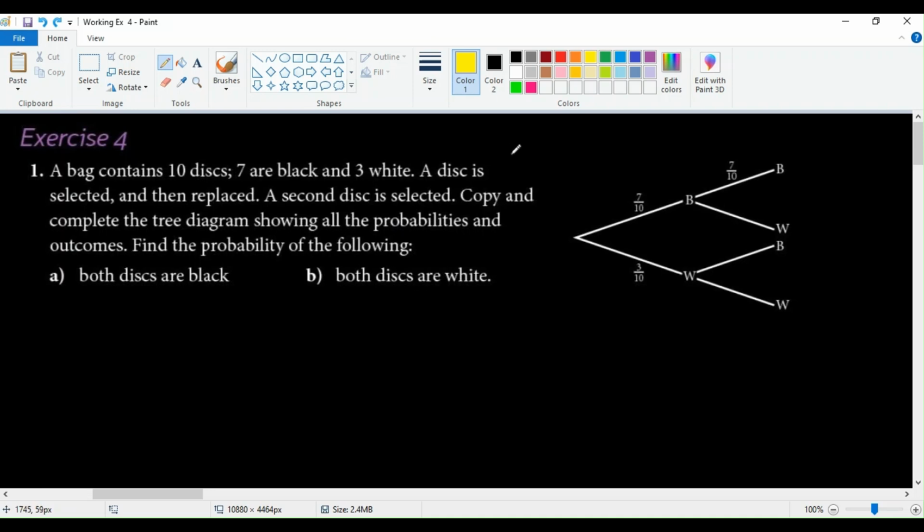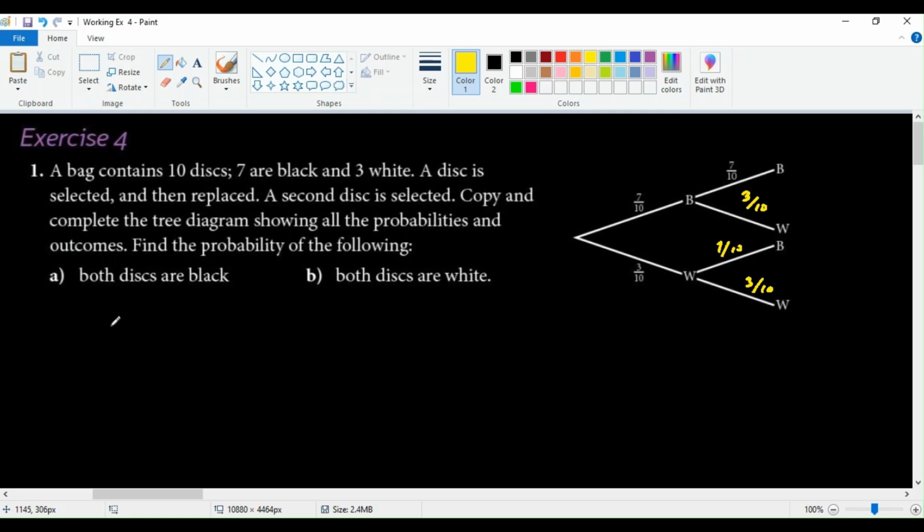So first of all, I'll be completing this tree diagram. Once you have black, white is going to be 3 out of 10. Again, for another selection, 7 is going to be 10 and this is going to be 3 over 10. This is how you can fill up.